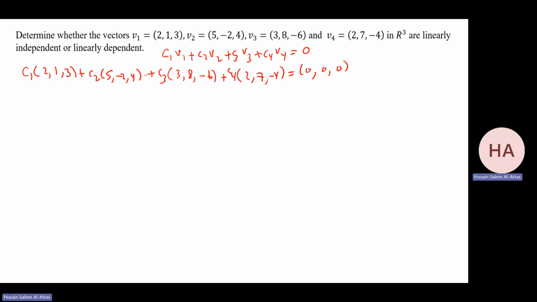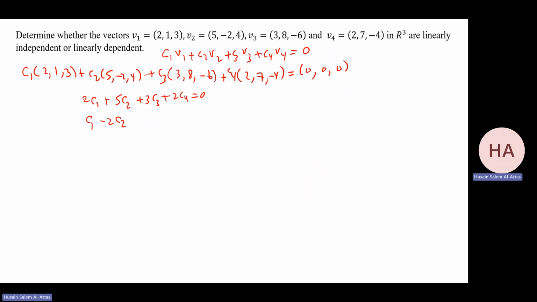Okay, so what are the equations? I have 2C1 plus 5C2 plus 3C3 plus 2C4 is equal to 0.